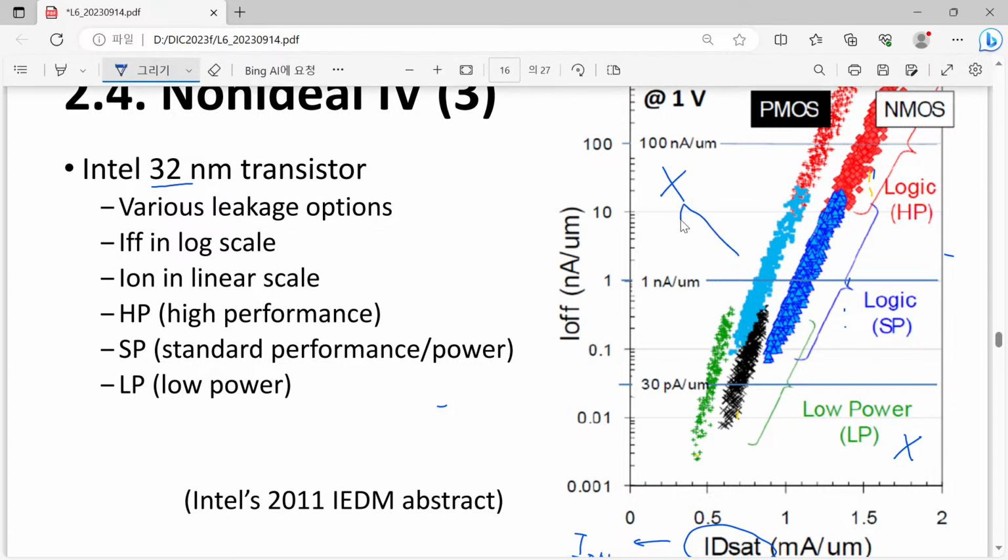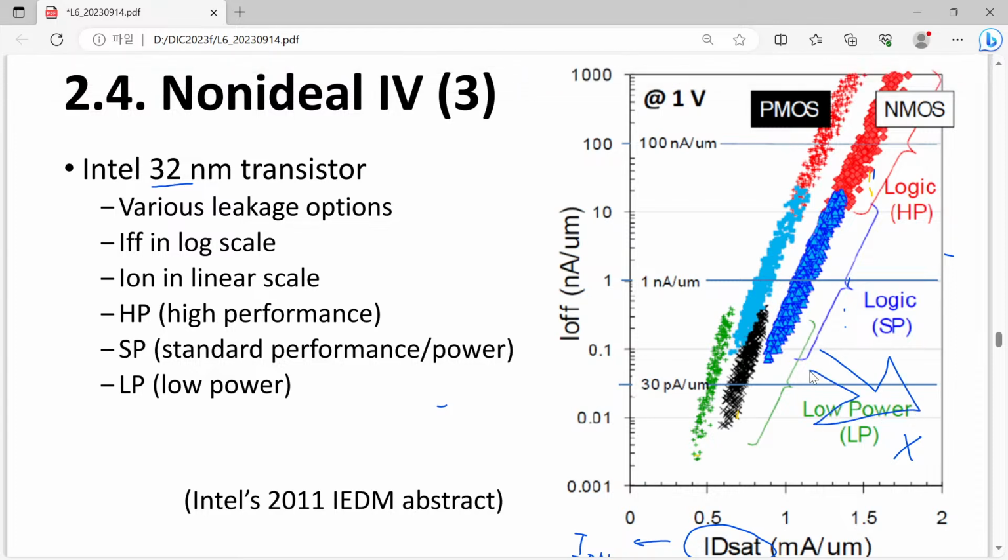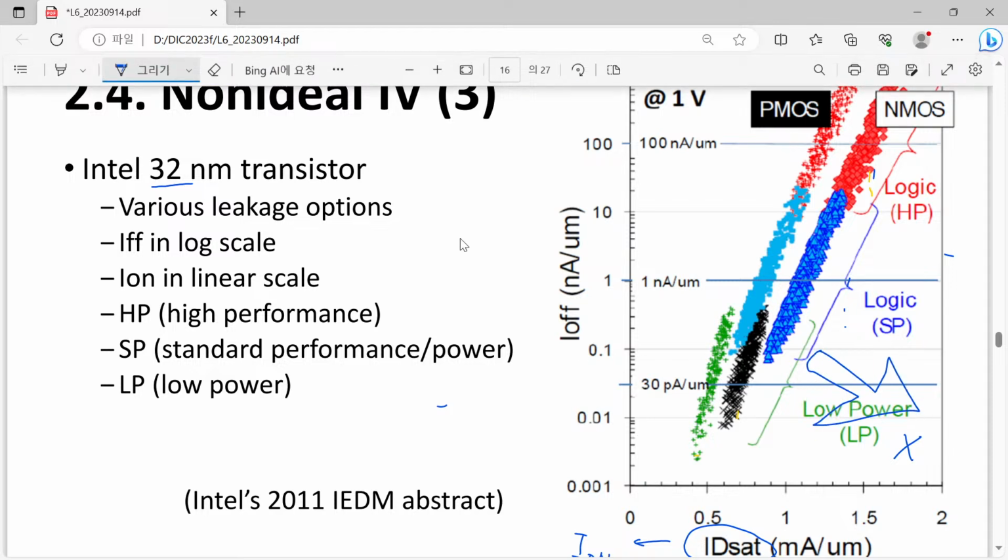This direction says that your device has a lower on current and higher off current. Means that it sucks. No, you should not use this technology. So always when you have a better technology, your technology moves in this way when you draw on and off direction. Always it goes in the right lower direction.